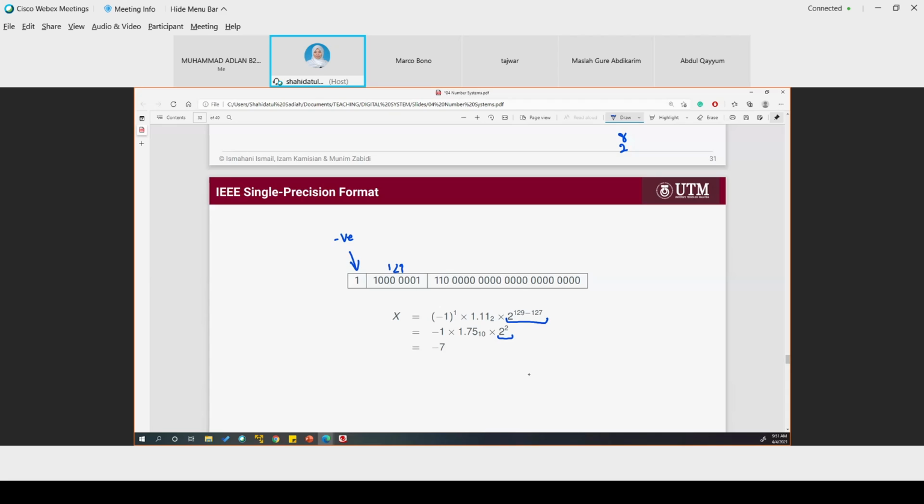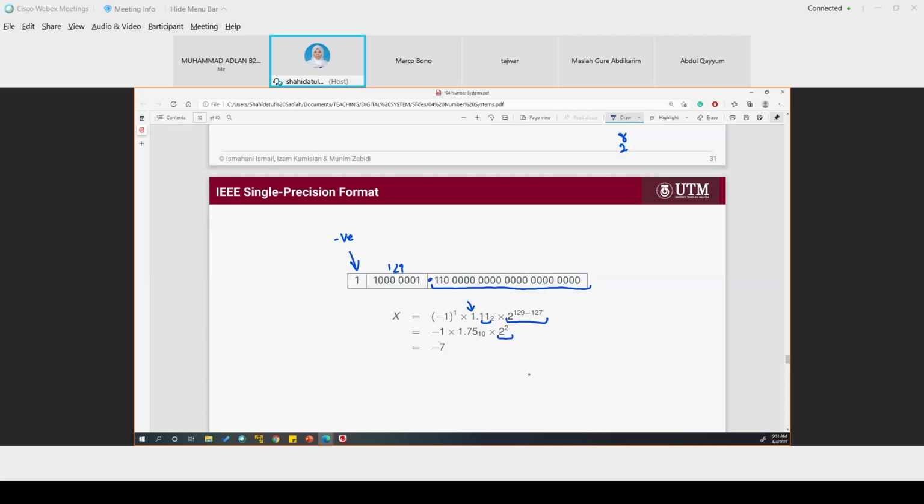And then this is the fraction part, which is 0.11. This is only the fraction part, meaning the binary point is here, and the integer part is always 1. So you calculate this: -1 times 1.11 in binary.